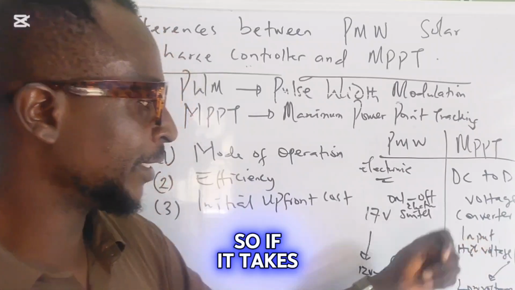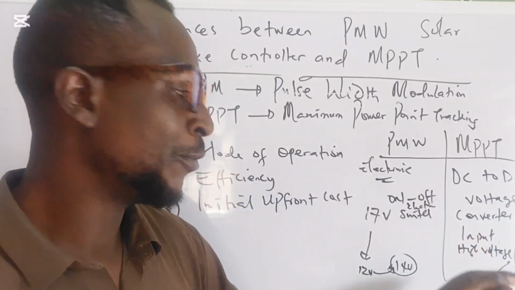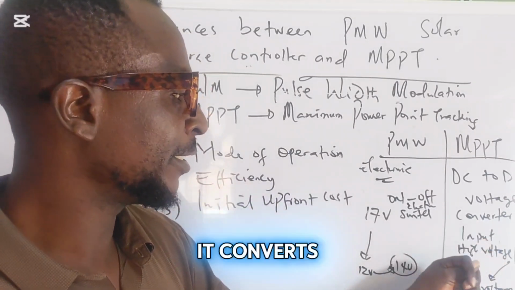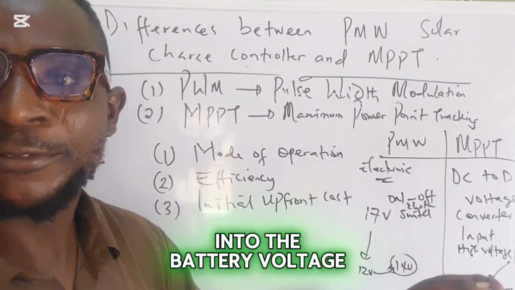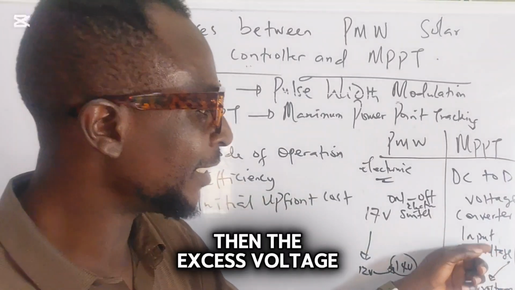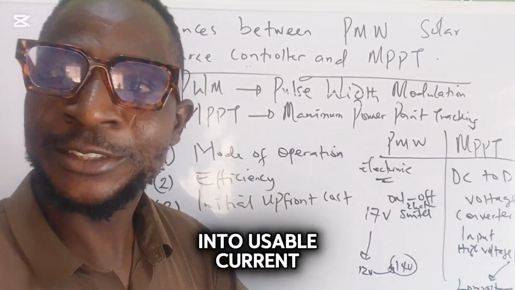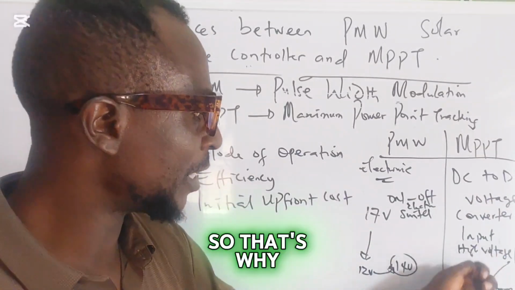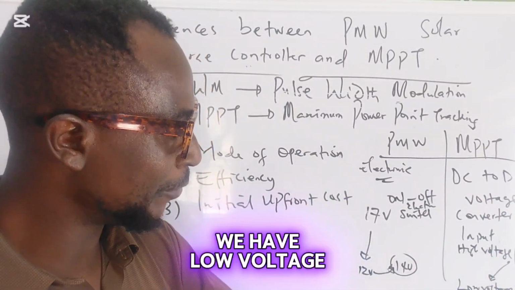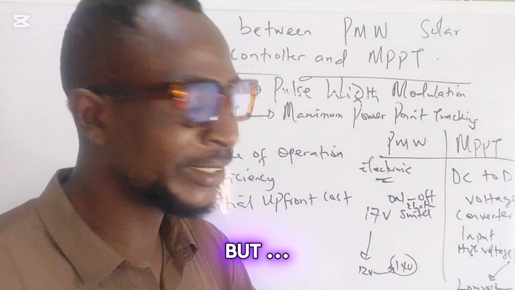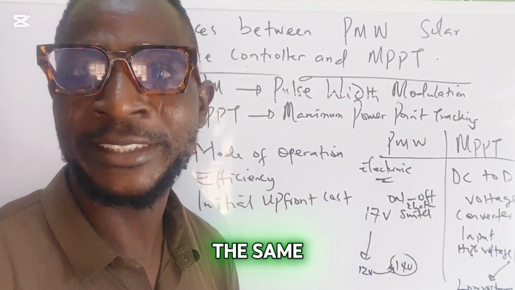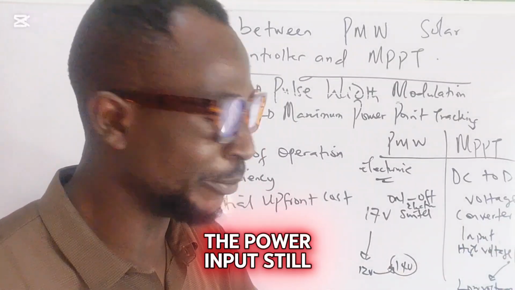So if it takes a high voltage, what it does is that it converts the voltage into the battery voltage. Then the excess voltage is converted into usable current. So that's why at the end we have low voltage, high current, but the power still remains the same.